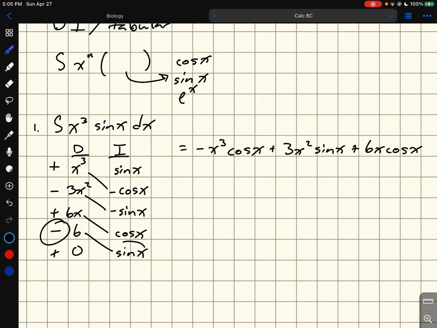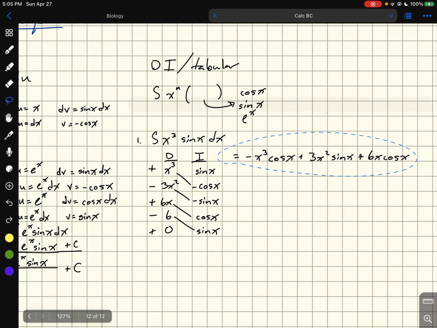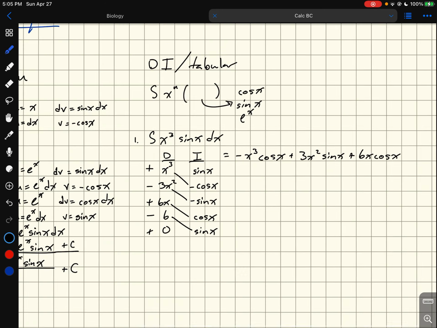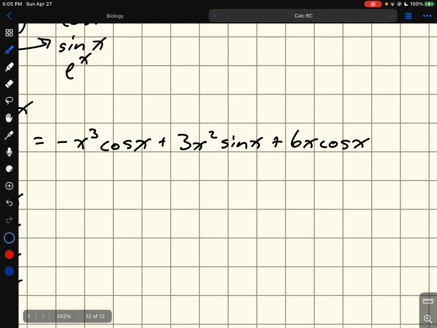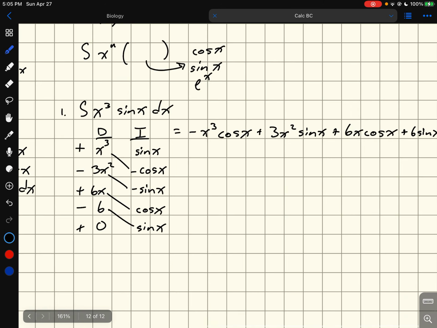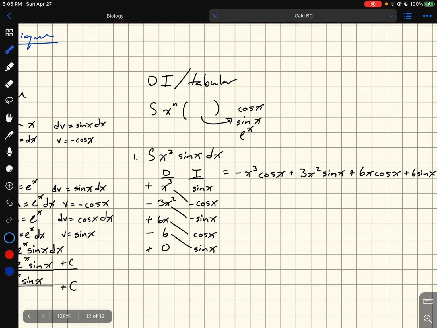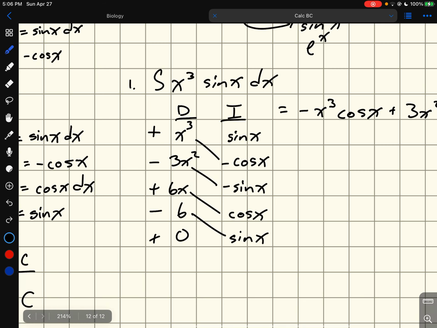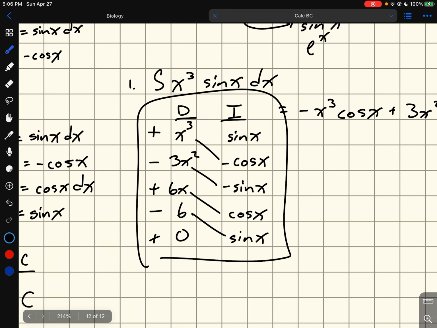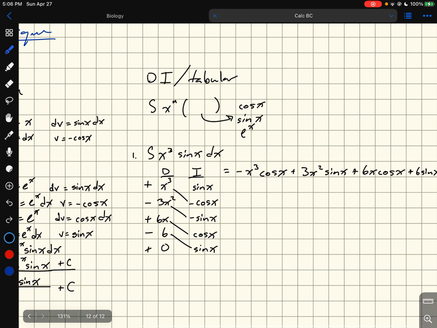And then a negative 6 and a negative sine, so that's a positive 6 sine x. And there we go. That is our integral of this. So that's the DI method. It's very clean, very cute. I love this.